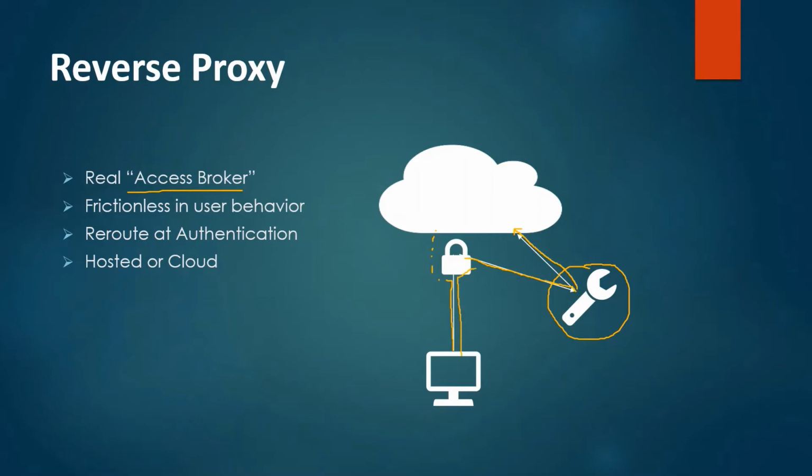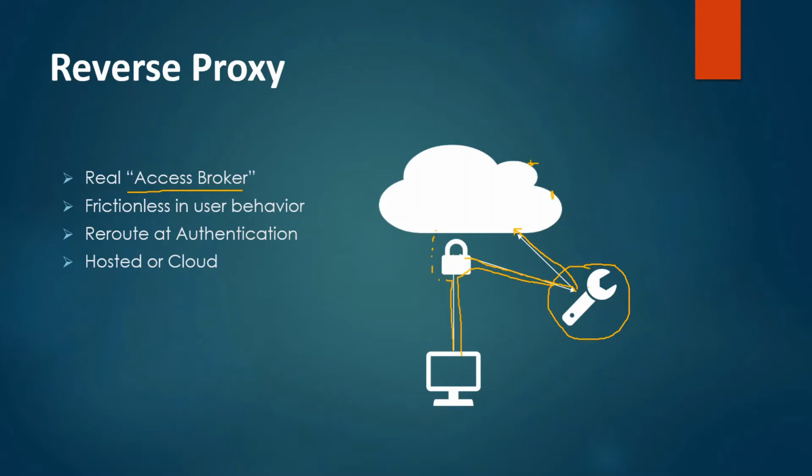The traffic is rerouted here, and it is frictionless in user behavior because the user was not aware that the traffic is rerouted. It's not as frictionless as what we mentioned in the last video at API mode, because in API mode, the control is actually integrated into the service.